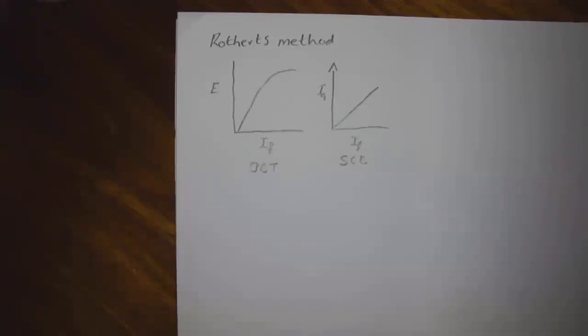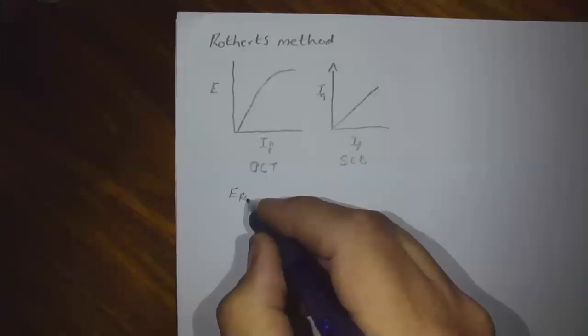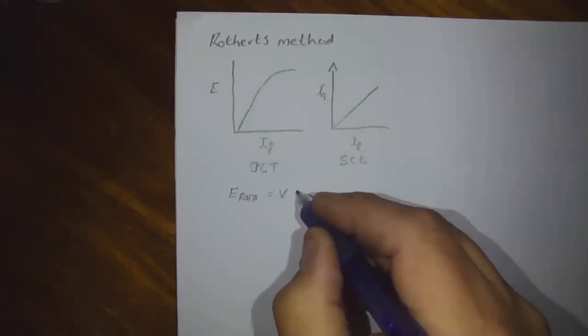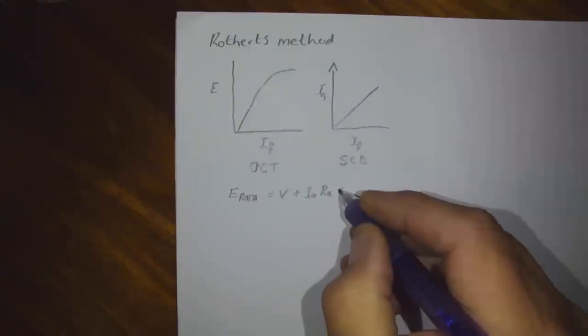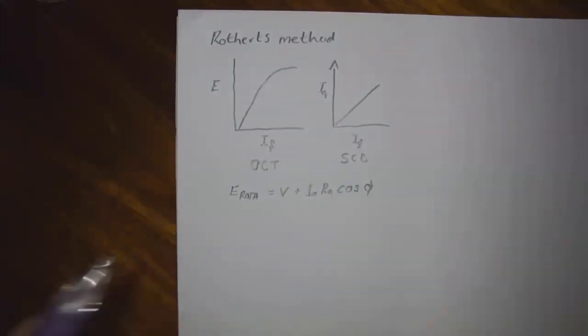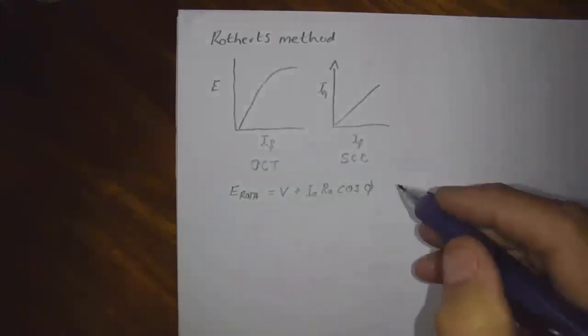Okay, now we can start by saying E Rother is equal to V plus IA RA cos phi. There we don't need any angles, so that's an arithmetic sum.